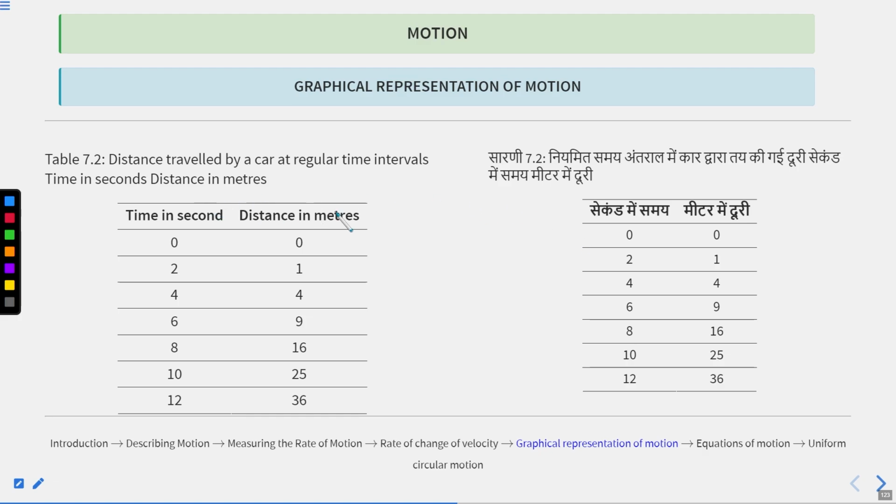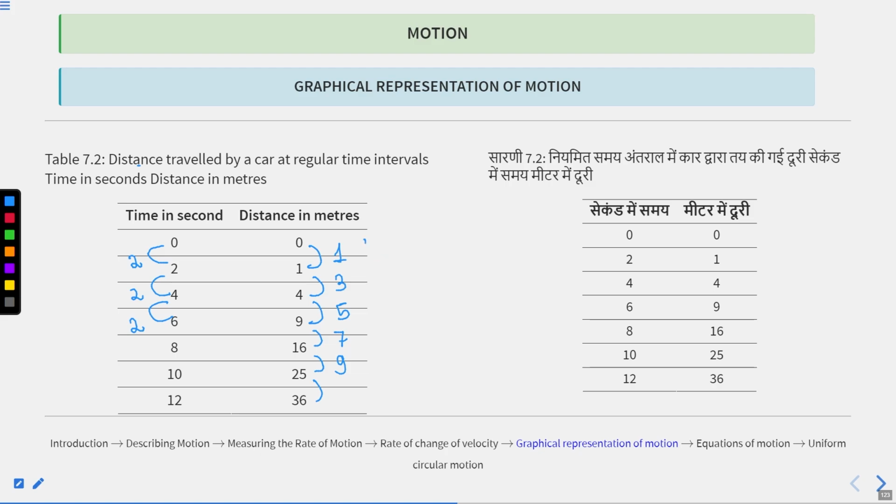So here is a table of the distance traveled by a car at regular time intervals. The time interval is 2 seconds, a uniform time interval, and the distance is increasing. The first distance gap was 1 meter, then 3, 5, 7, 9.